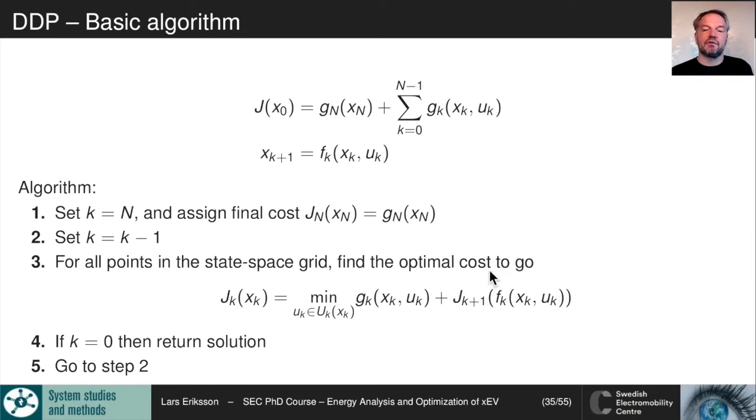So this is a cost to go function that we have stored because we know what the optimal cost to go was there. And if we have come to the initial point, so we have gone all the way to the beginning, then we return the solution. Otherwise we decrease it by 1 and we go to the preceding time step and we search for all the points here for the best cost to go, and we store them all over.